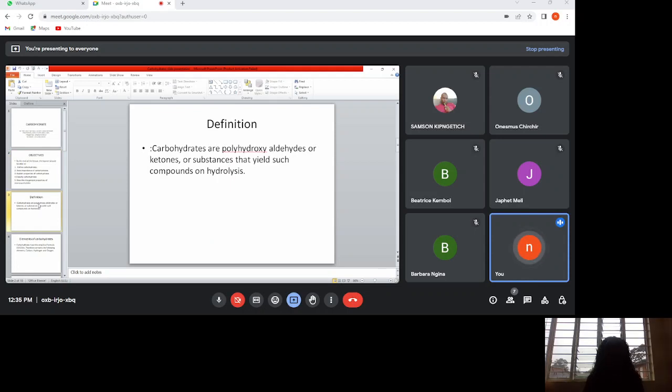In our definition, carbohydrates are polyhydroxyaldehydes or ketones or substances that yield such compounds on hydrolysis. So these carbohydrates have elements.